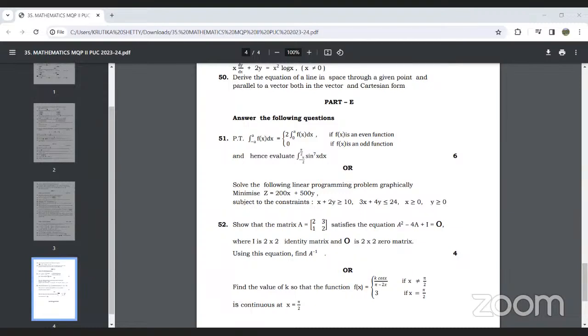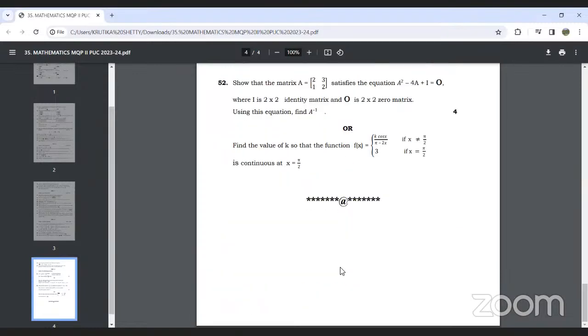So pay attention. Especially if you score well in the 2-mark and 3-mark sections, you can easily score above 75 in the maths paper.